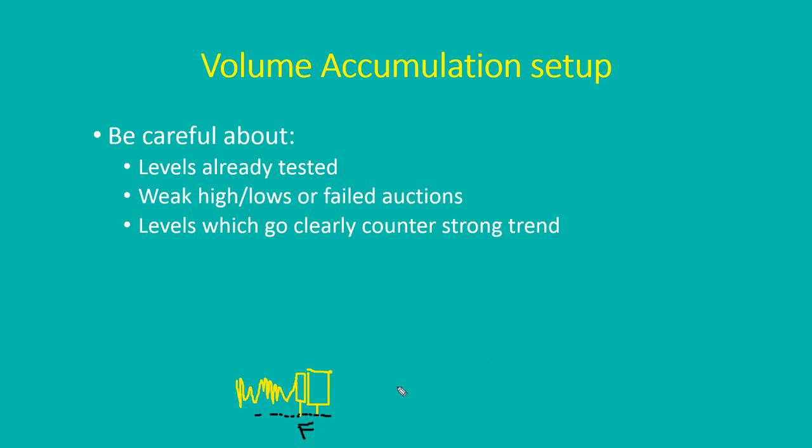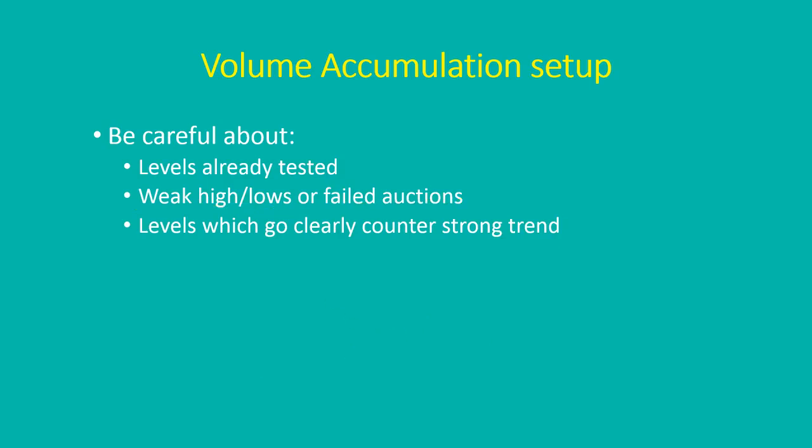And if there is buying activity afterwards and then the price returns back to the heavy volumes created within the rotation, then you don't go long from the level because the price is likely to go downwards to test below this failed auction and create a successful auction. Alright, so if there is weak high or weak low or a failed auction, it's quite risky to enter your trade. So always watch out for those.